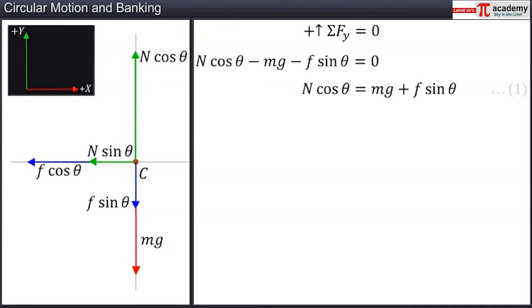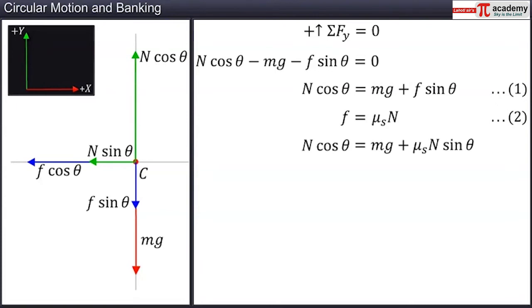Let us call this equation 1. We know that frictional force F is the product of mu s and N. Let this be equation 2. Substituting equation 2 in equation 1, we get equation 3 as N cos theta equals mg plus mu s N sin theta.